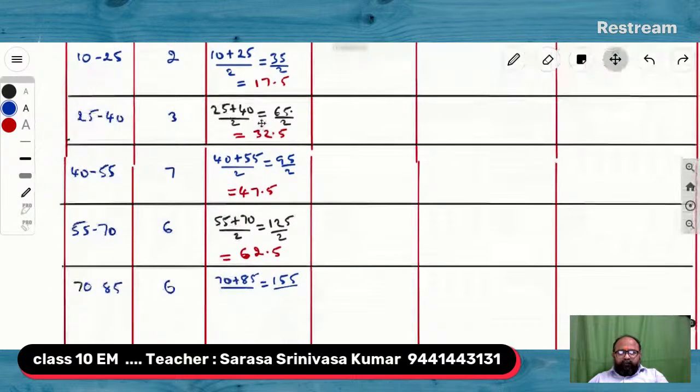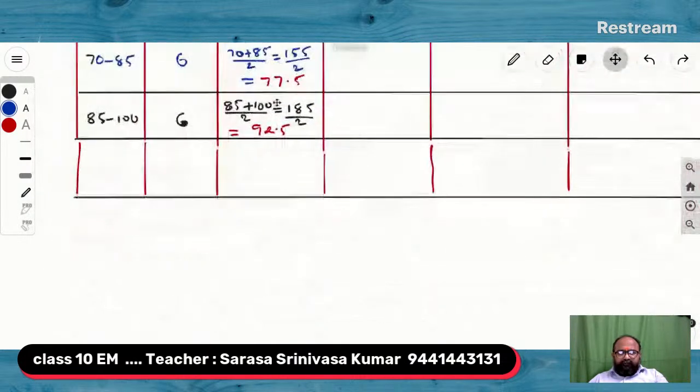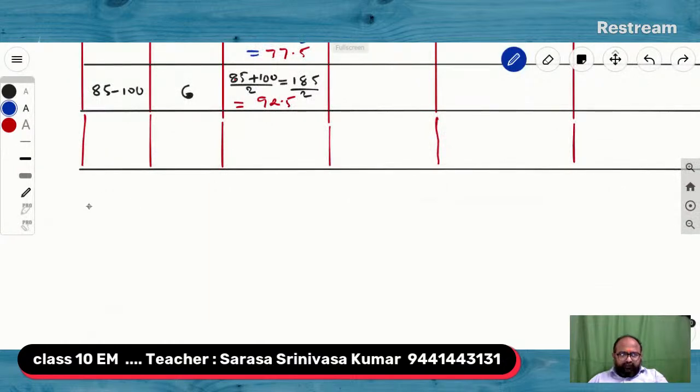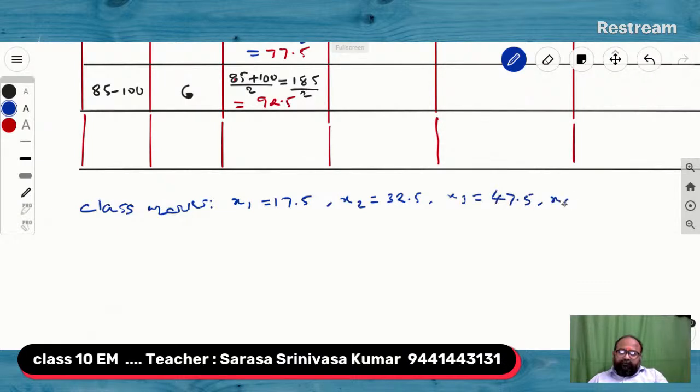Here the class marks are x1 equal to 17.5, x2 equal to 32.5, x3 equal to 47.5, x4 equal to 62.5, x5 equal to 77.5, x6 equal to 92.5.